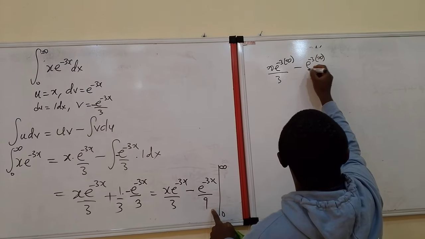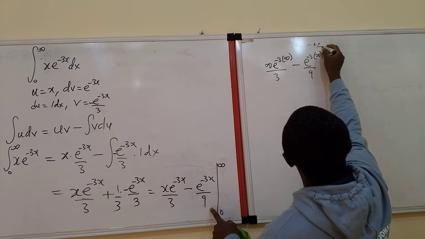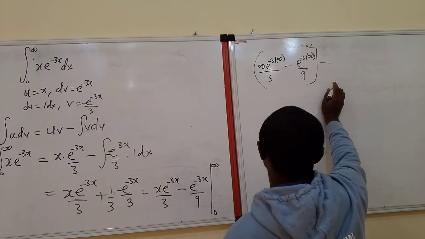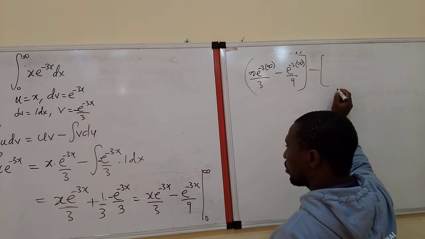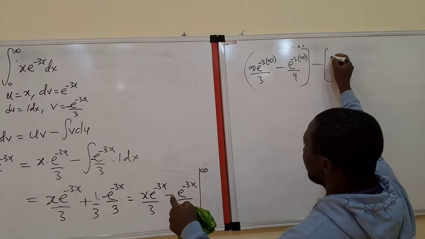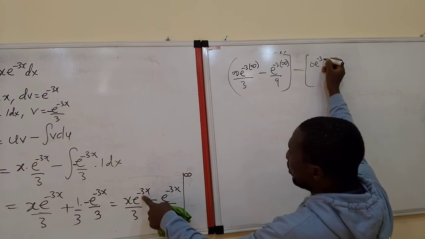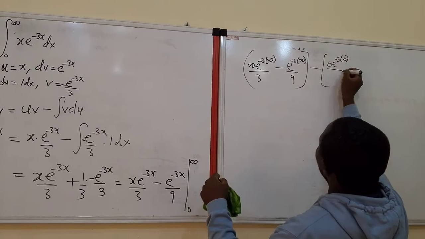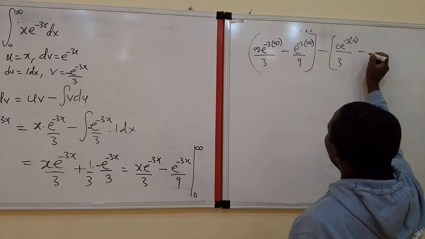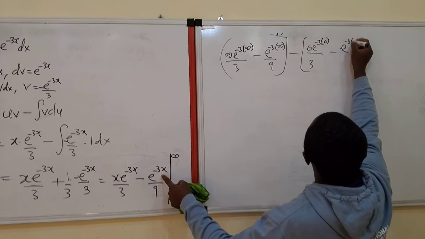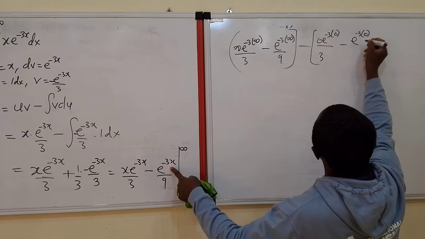That's the first. Minus, anywhere you see x, now you substitute 0. That is 0 exponential minus 3 into 0 over 3 minus exponential minus 3 into 0 over 9.